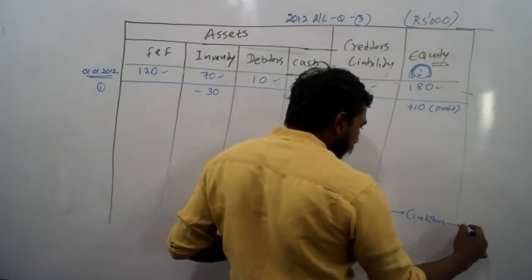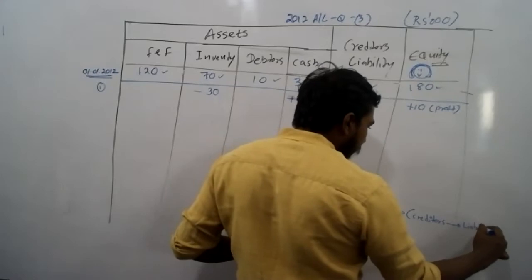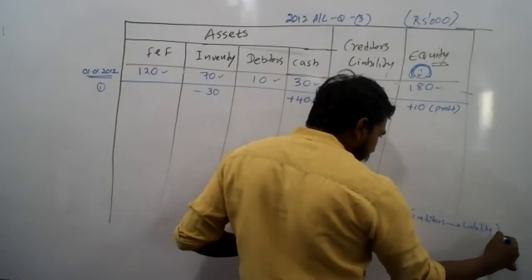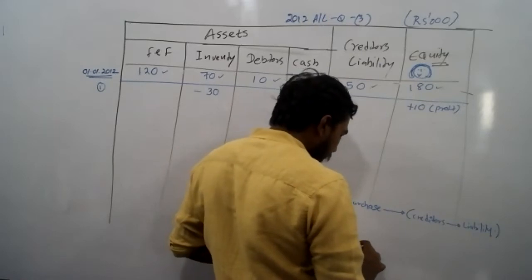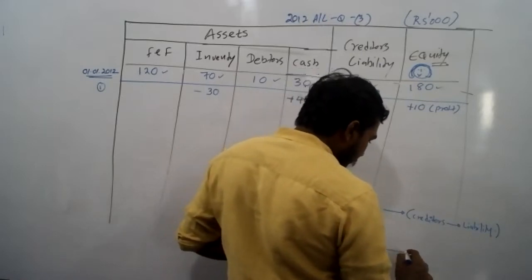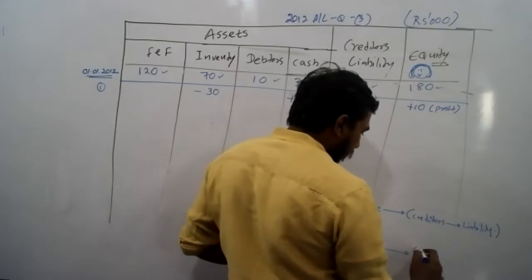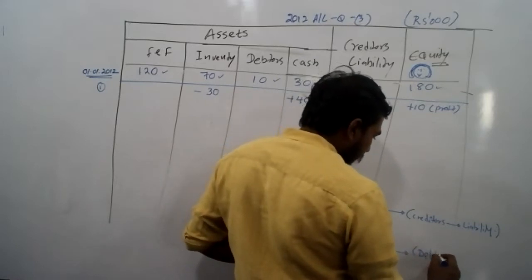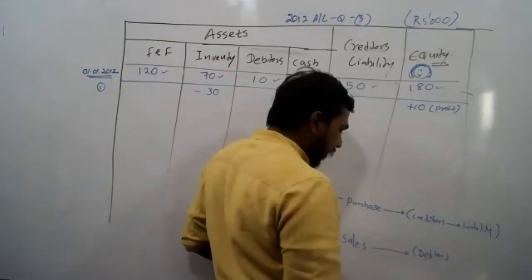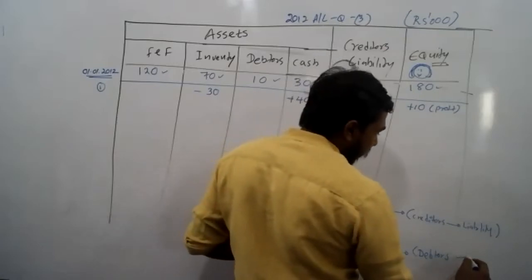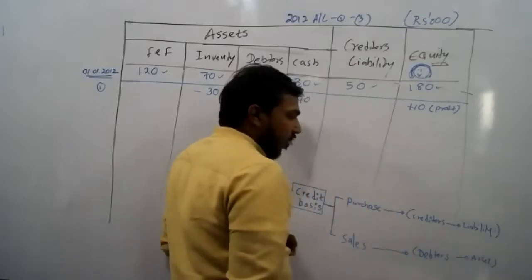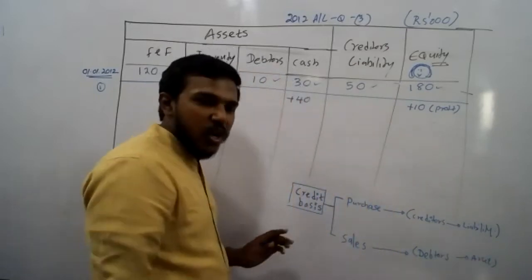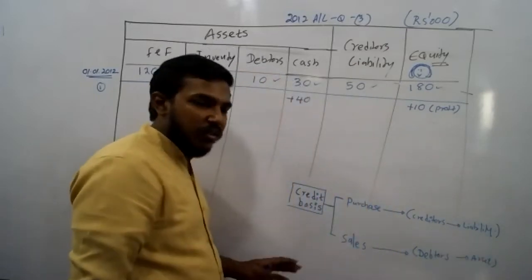Creditors, and creditors is called a liability. If there are any credit basis sales, then you get debtors. That is the difference. Once you are doing it, automatically you will get it in your mindset.